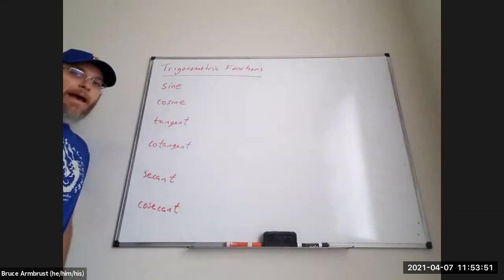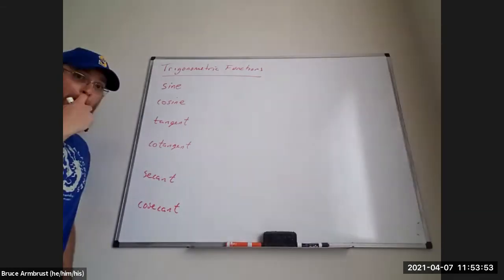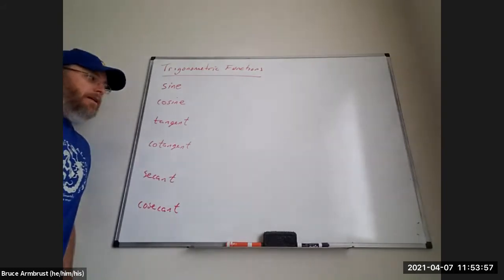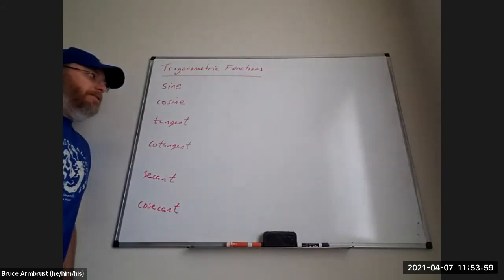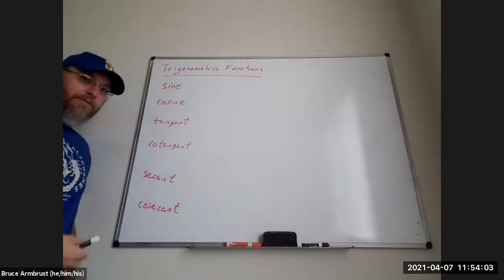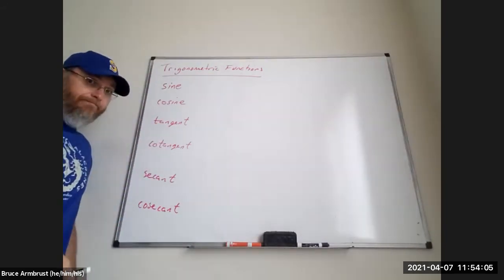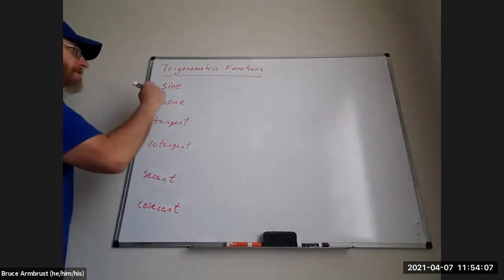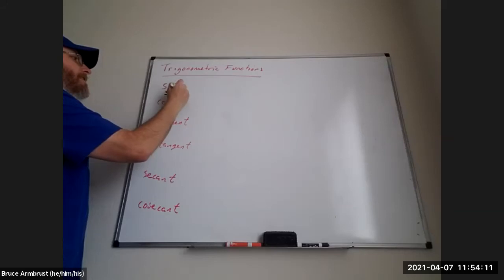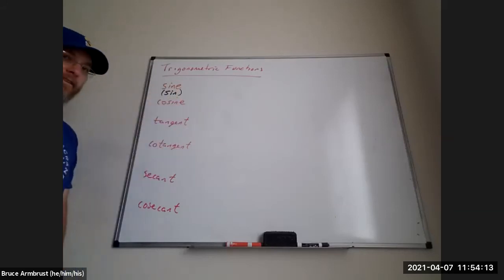All right, now mathematicians, of course, are lazy. If you don't know this, mathematicians are lazy. And because we're lazy, we're not going to write out the entirety of these. We have abbreviations for each one. So instead of writing out sine, you're going to see just SIN.